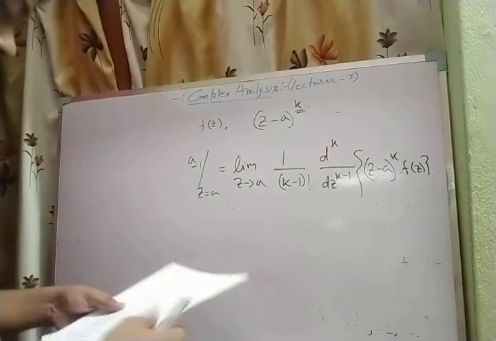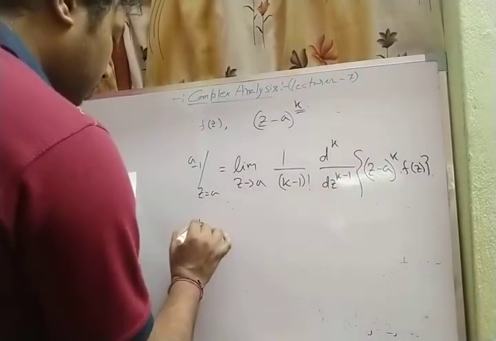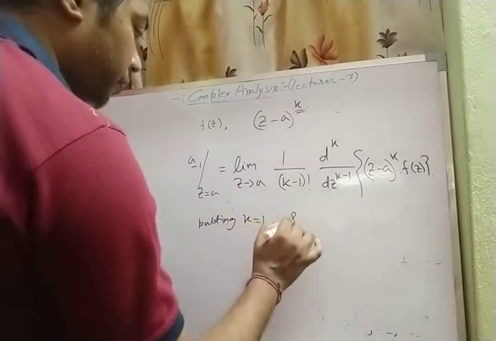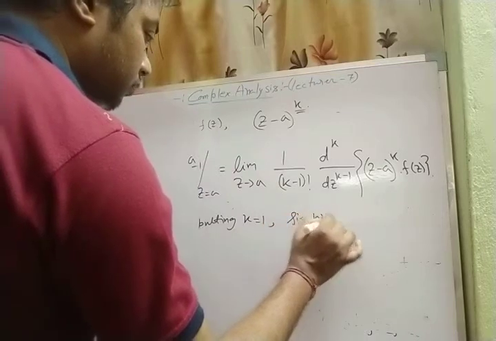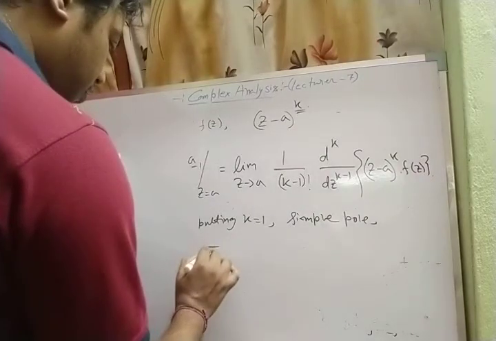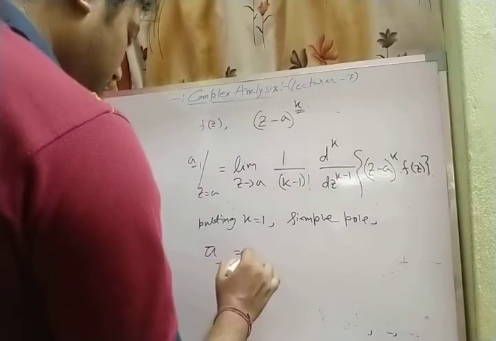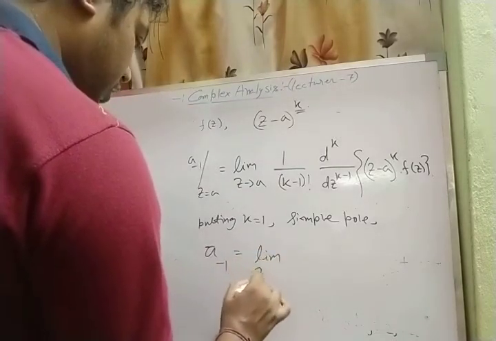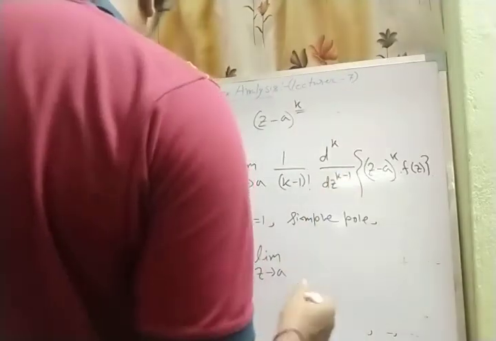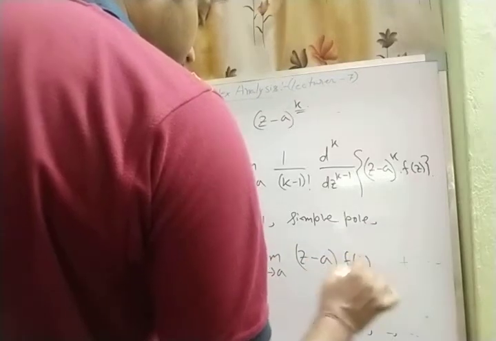So by putting k equals 1, that is for a simple pole, the residue would be like this: a_{-1} equals the limit as z tends to a of (z minus a) times f(z).